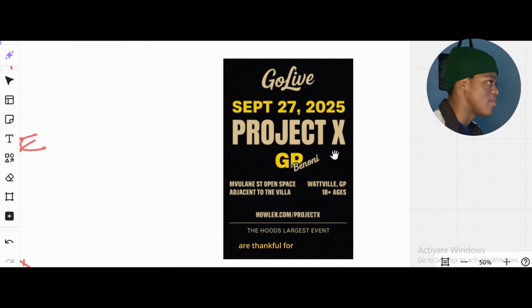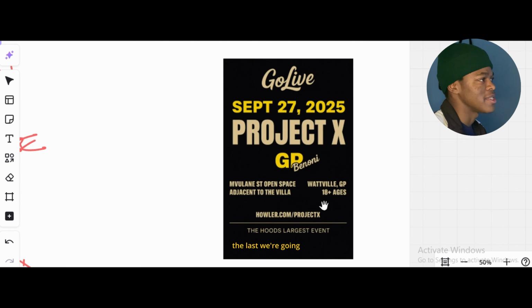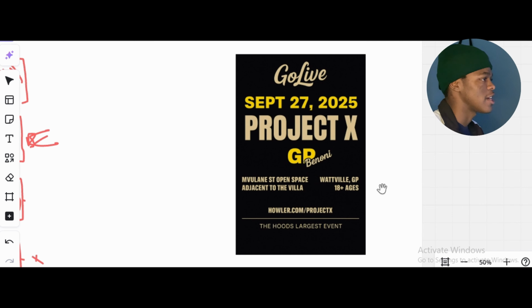We are grateful, we are thankful for your support in our last event. This event is gonna be better than the last. We're gonna make sure of it. I can guarantee it. It's gonna be worth your guys' money. It's gonna be worth your guys' time. You better come. You better pull up. As you can see, Project X, right? Baby, this is Project X, most definitely.